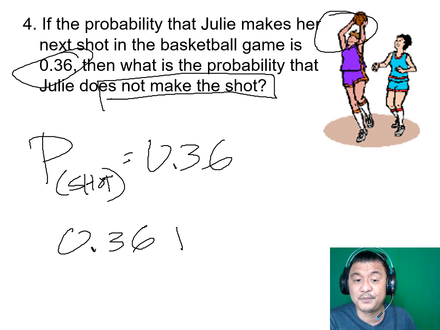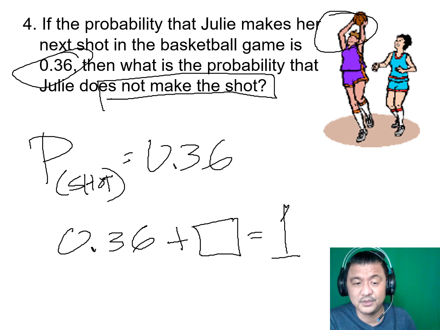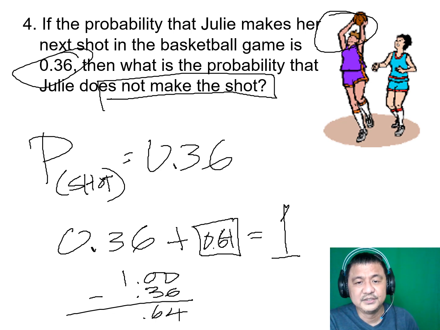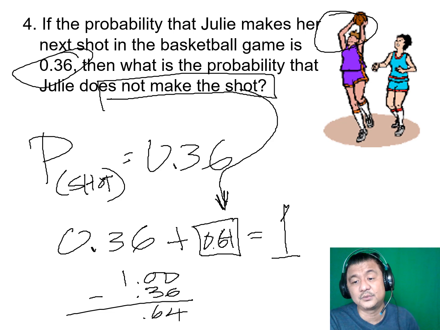Remember complement, plus what number gives me 1 whole? What number will you add? 1.00 minus 0.36, that becomes 4. 9 minus 3 is 6, so 0.64. This is the answer. Remember, when you add them, it's always equal to 1.